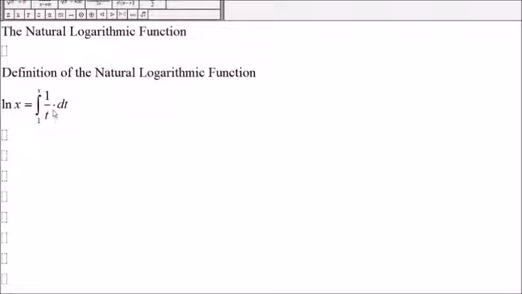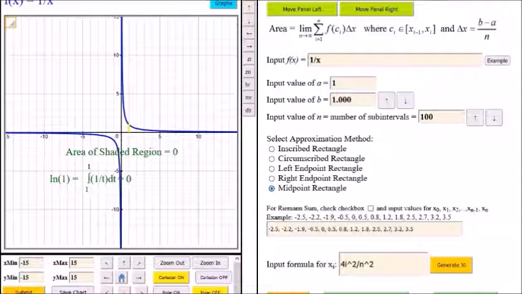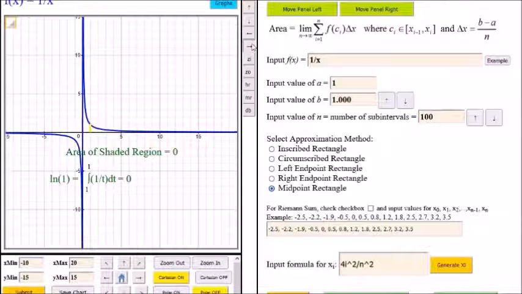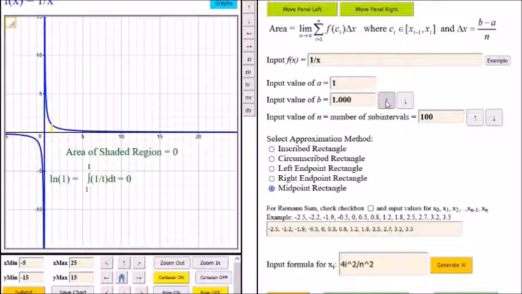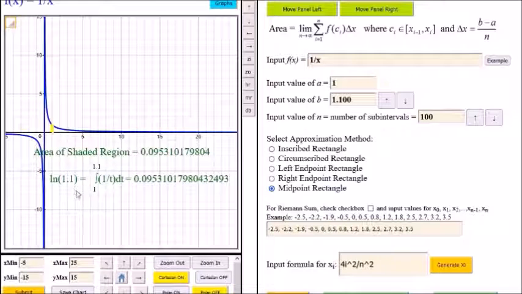Now let's look at the graph of the function 1 over t, and also look at the area represented by this integral right here. So here we have the function 1 over t, and the log of 1.1 would be the integral from 1 to 1.1 of 1 over t.